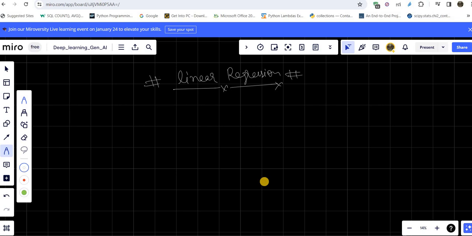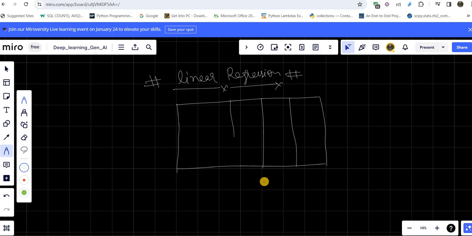So suppose we have this data in which the target column we want to predict is the price.